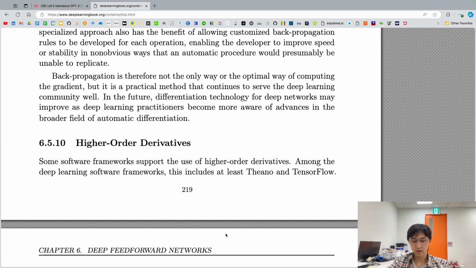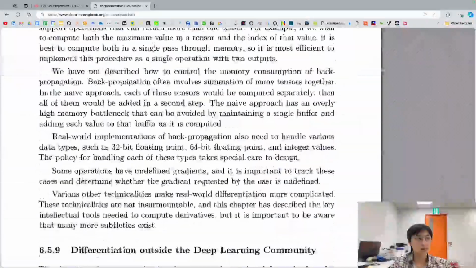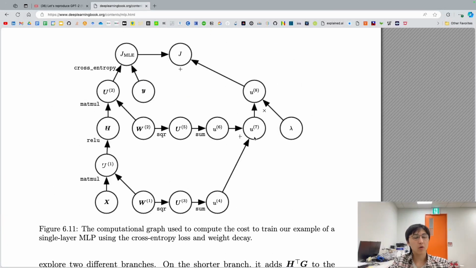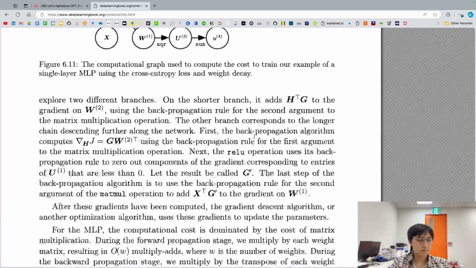These frameworks take care of the backpropagation implementation. But what we saw now is a naive explanation, a naive implementation of overall how backpropagation works.